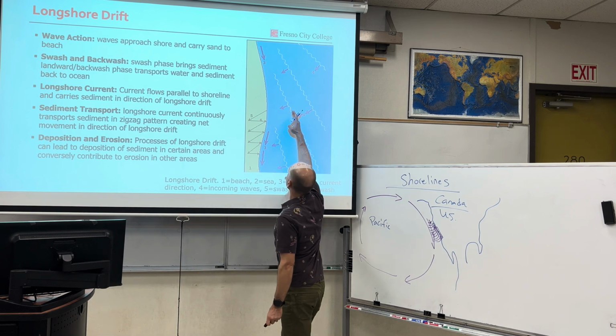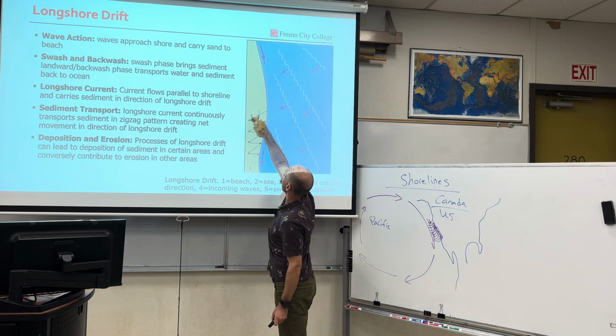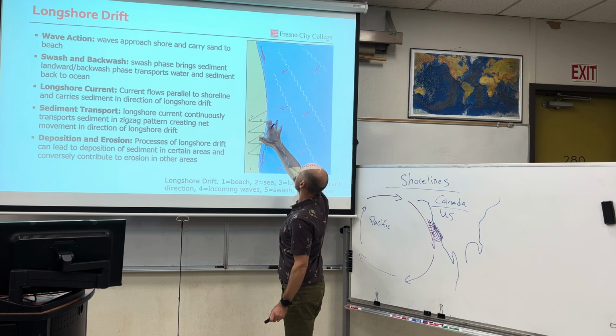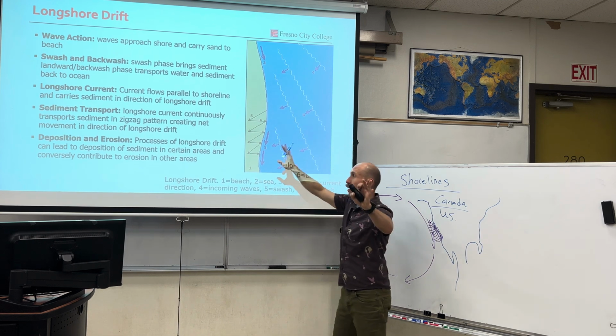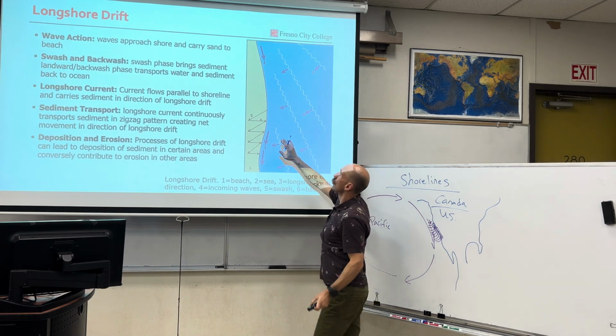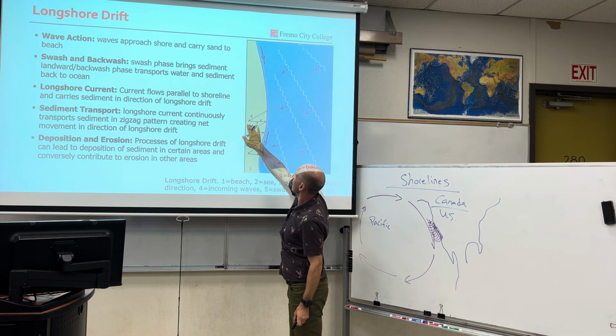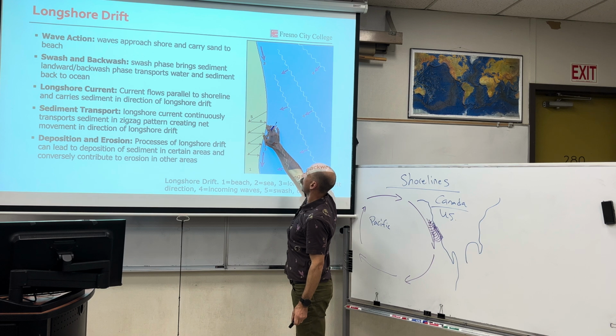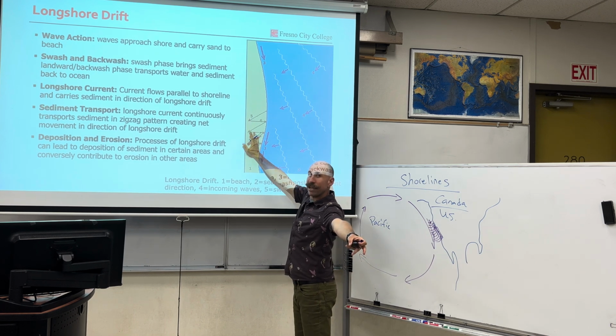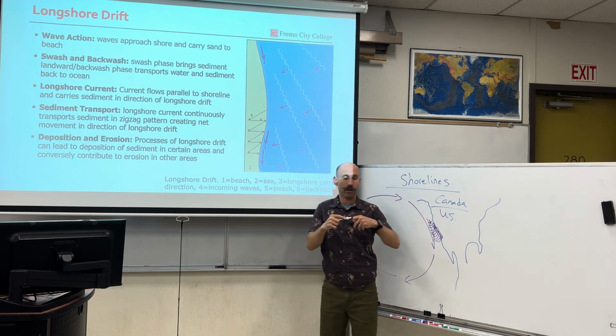The longshore current does come at an angle and then it moves straight down, near parallel. It's important to mention, near parallel. So the wave action brings sand onto the beach, and then gravity drags it straight down, and the net movement is in the direction of the longshore current.